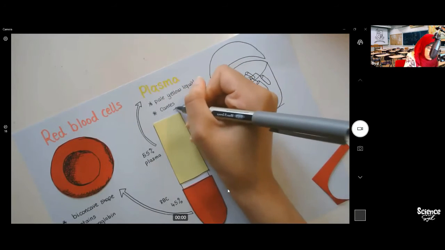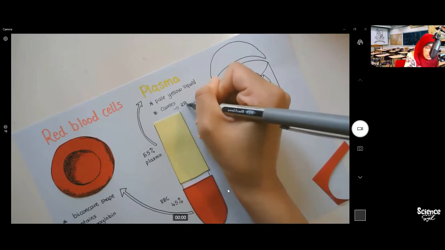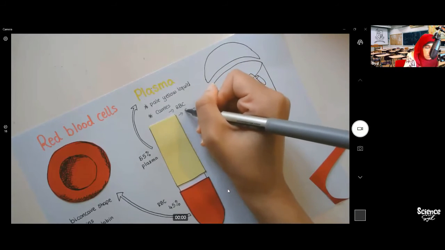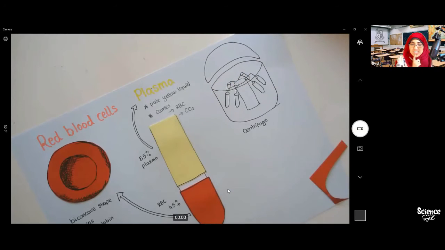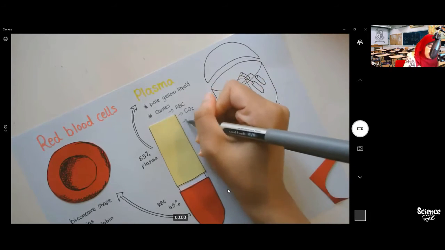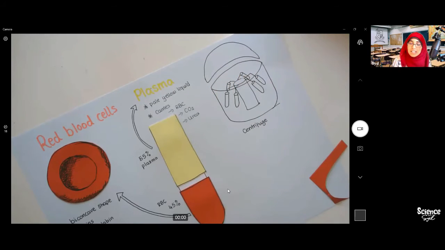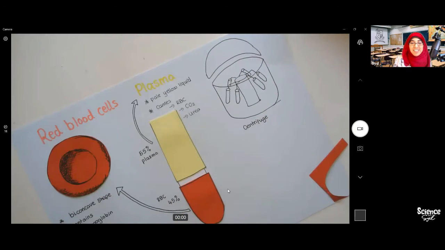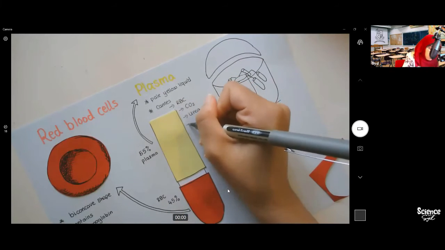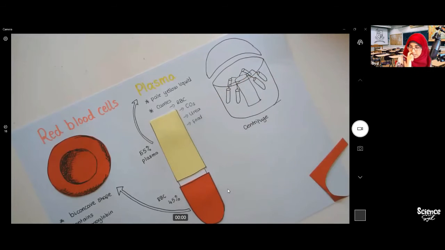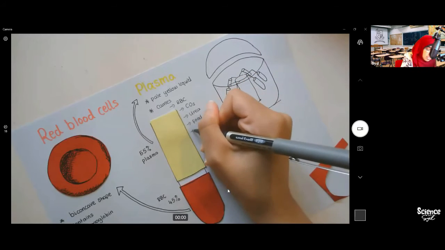It carries red blood cells, RBC is red blood cells. It carries carbon dioxide, which is CO2. What else does it carry? It carries urea from the liver to the kidneys, and eventually that becomes urine, which is why you've got a yellow color there, right? It carries food, so nutrients from the small intestines to the rest of the body, and it carries heat.